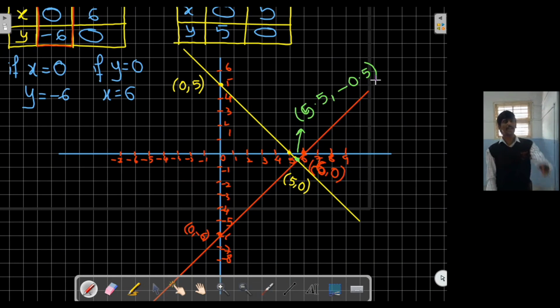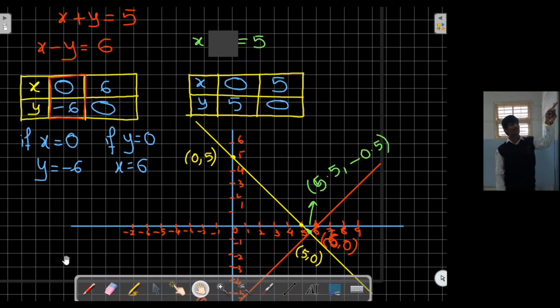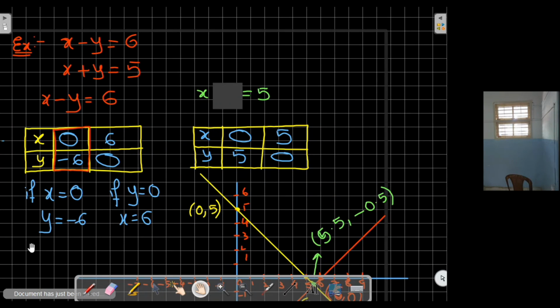So x value is 5.5, y value is minus 0.5. Let us substitute the values of x and y here: 5.5 minus 0.5. You will get 5 or not? Yes? Now come here, in this equation: 5.5 minus of minus 0.5, that is 5.5 plus 0.5. See that? Yes.